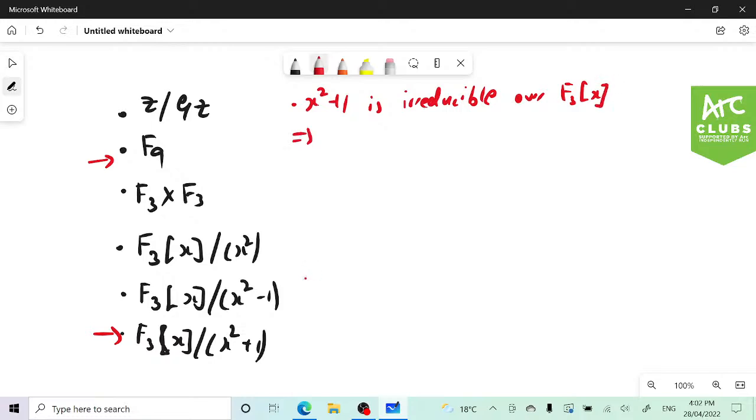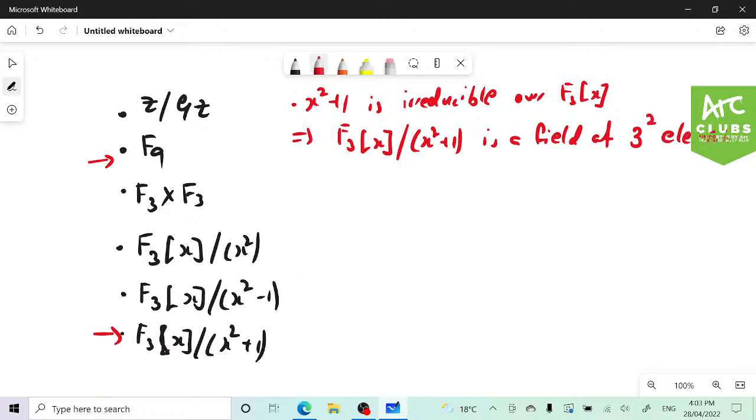And so what that implies is that F3[x] quotient out x squared plus 1 is a field. It's a field of precisely 3 squared elements. And so this is actually isomorphic to the field of 9 elements. So these two are isomorphic.